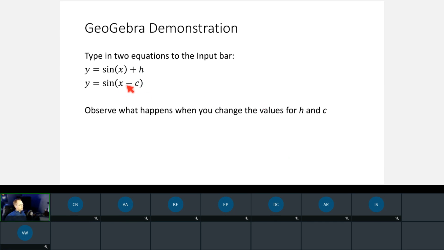And just like last term, when H is positive, it's a shift up. When H is negative, it's a shift down. When we have minus C, that's going to be a shift to the right. And when it's a plus C, it's a shift to the left. So the horizontal shift is still opposite from what we see it as.